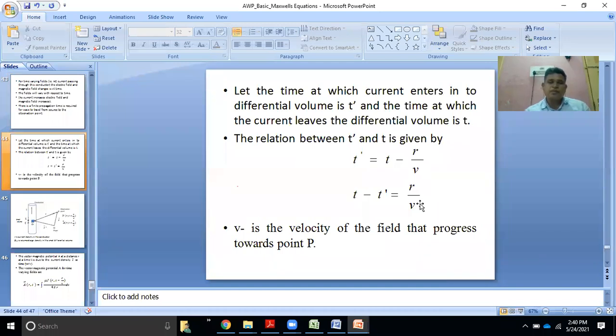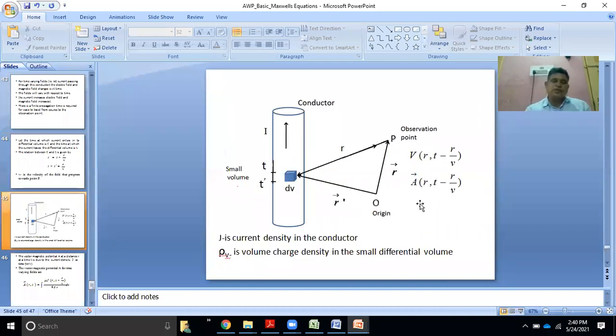Because of the time varying current, the scalar potential and vector potential are also retarded, meaning there is some delay. The vector and scalar potential at time T are responsible for the conduction current density at T dash.